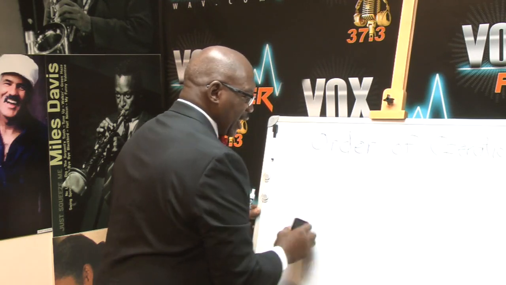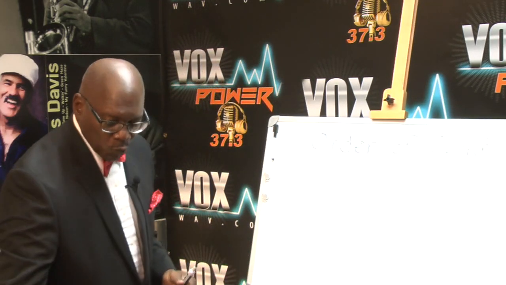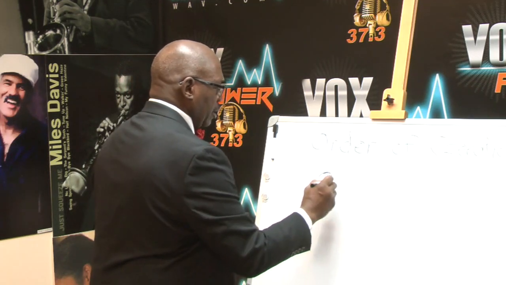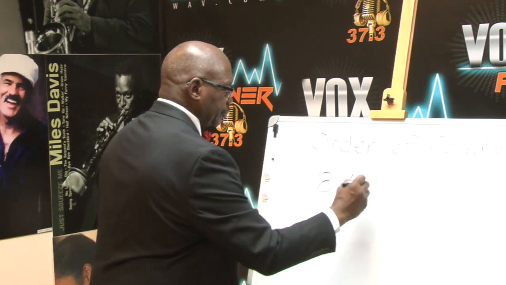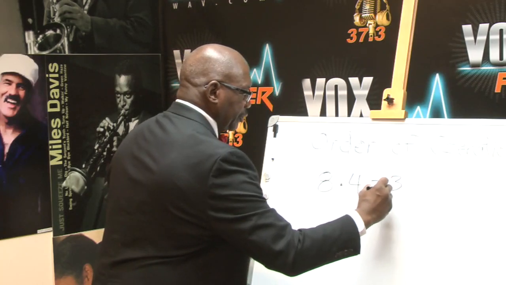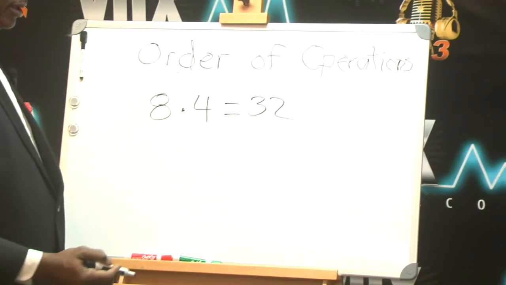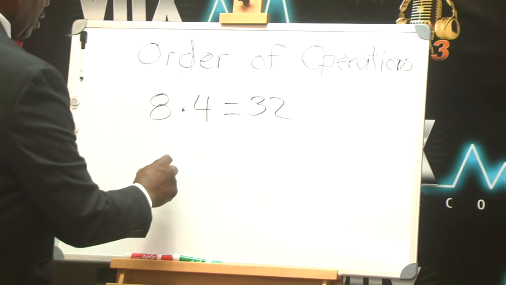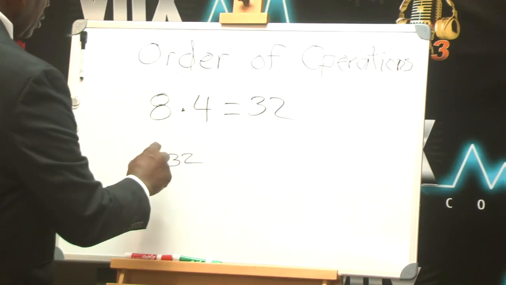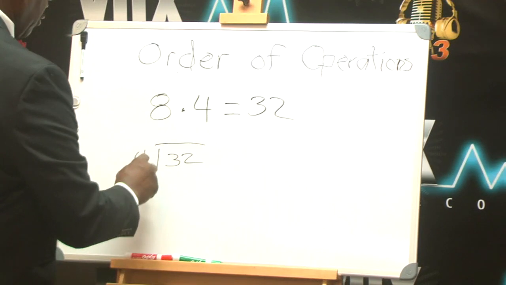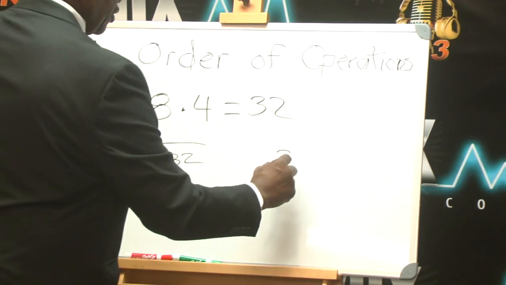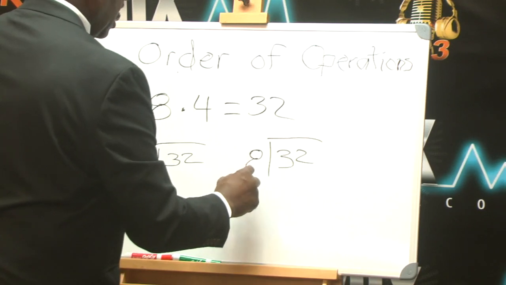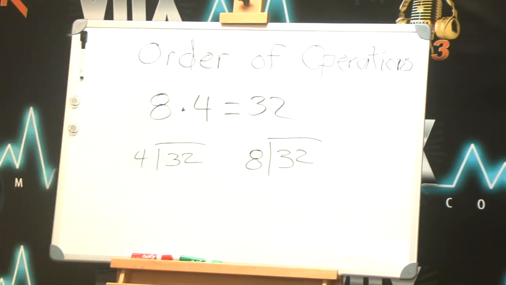And what I mean by that is, let's take 8 times 4. That equals 32, doesn't it? Okay? Now let's turn it around and say 32 divided by 4 and 32 divided by 8.